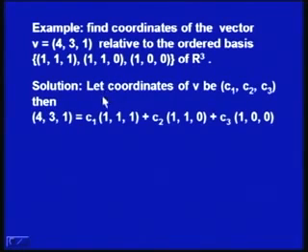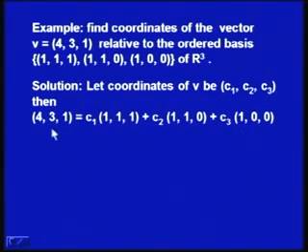So, we assume the coordinates of V to be C1, C2, C3. That means, by definition, (4,3,1) is equal to C1 times the first vector (1,1,1), plus C2 times the second vector (1,1,0), plus C3 times the third vector (1,0,0).